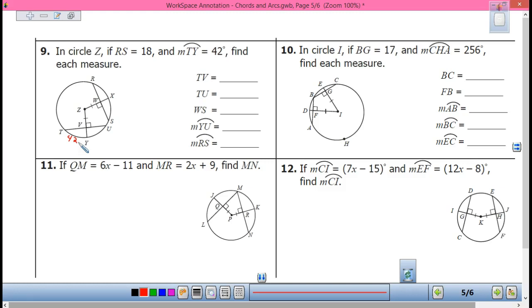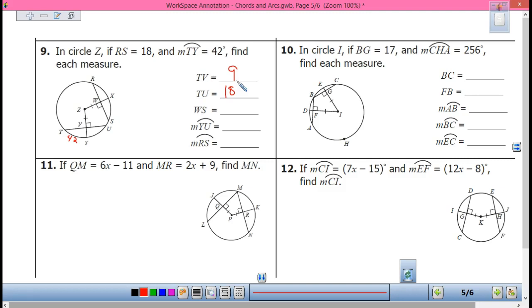Has to be 18 because they are perpendicular, so that means that my two chords are congruent, right? Okay, so if TU is 18, what's TV? 9. Why is it half? Because the radius bisects it, so it's going to split it into 2 spots.